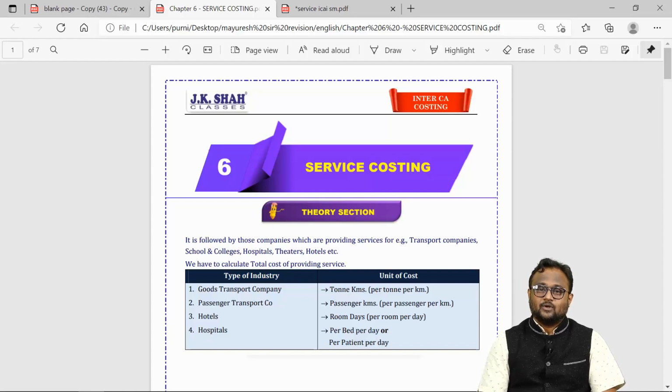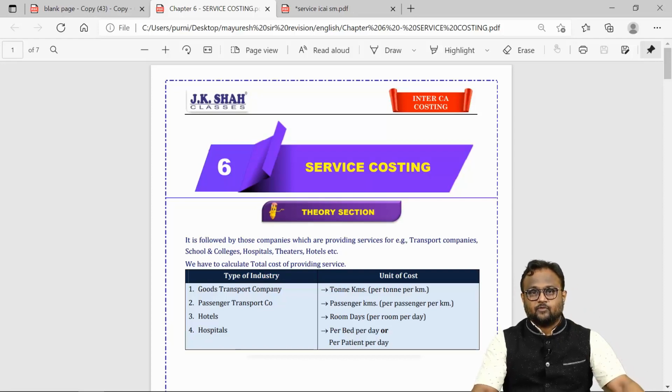So in this topic, we are going to see how cost per ton kilometer and how cost per room days will be calculated. Yes, friends, that is the only different point in service sector, which differentiates service costing from product costing.